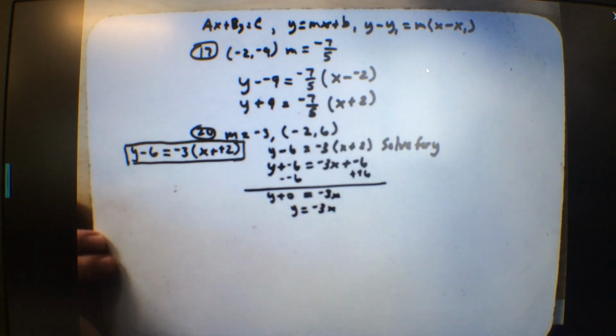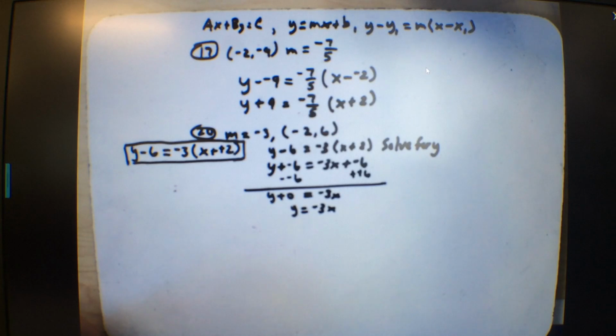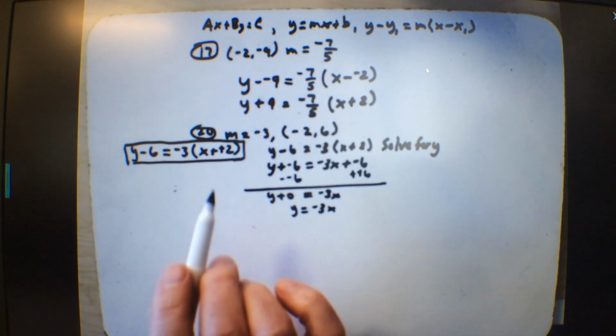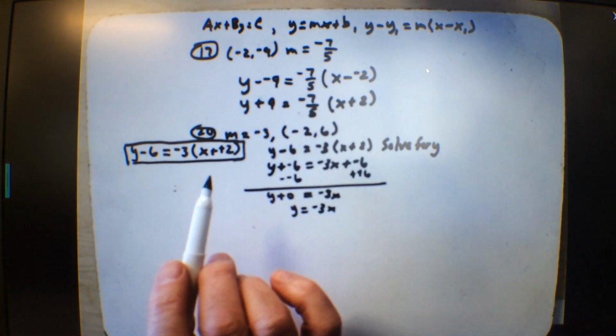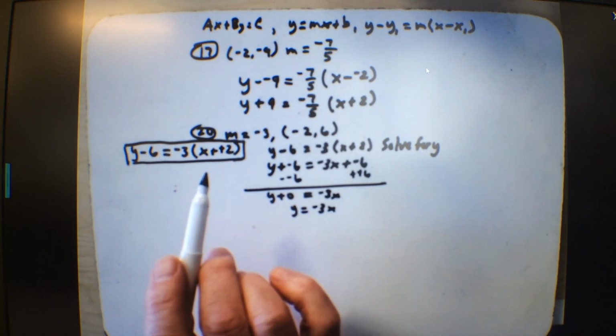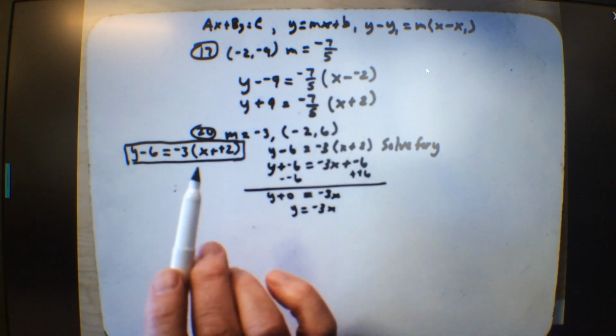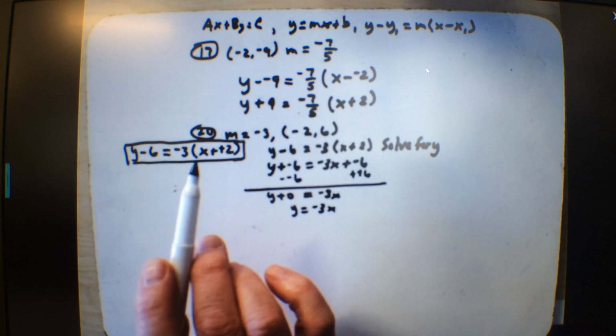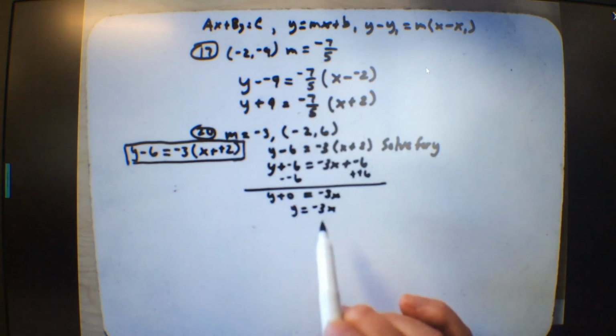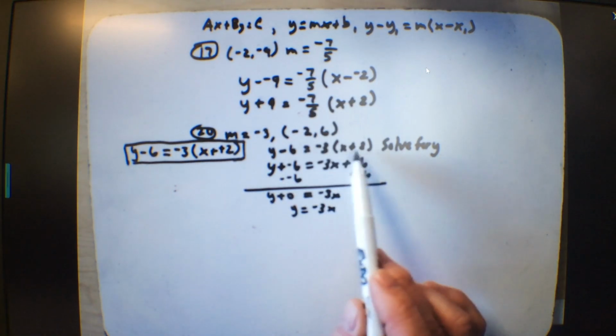Is that true? I don't think that's right, is it? Did I make a mistake? No. I'm trying to read my notes here. I got y equals a negative 3x plus 12. It's a negative 6.